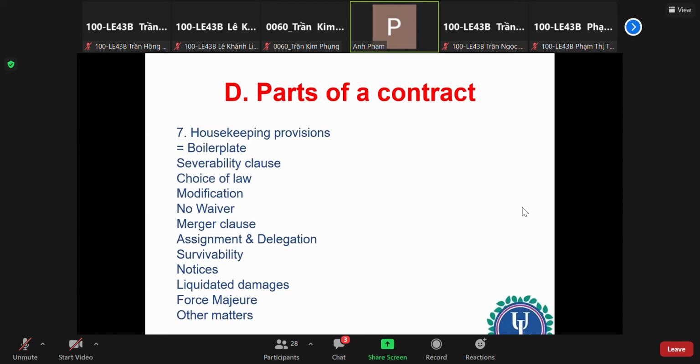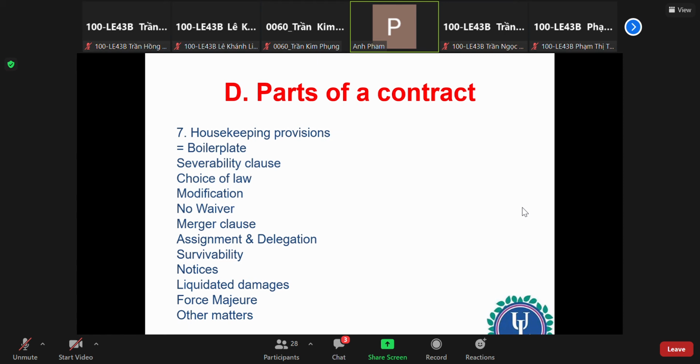Liquidated damages. I think you have learned a lot about liquidated damages, right? These are damages estimated by the parties, just in case there's any damage or loss, and then they base on the liquidated damages to compensate.